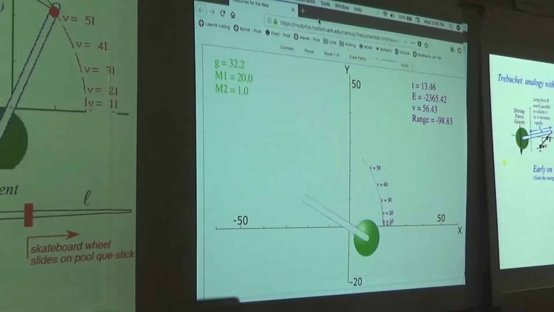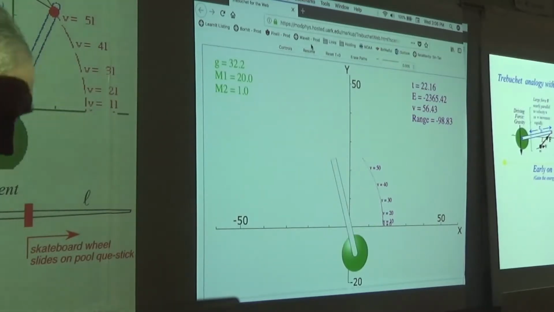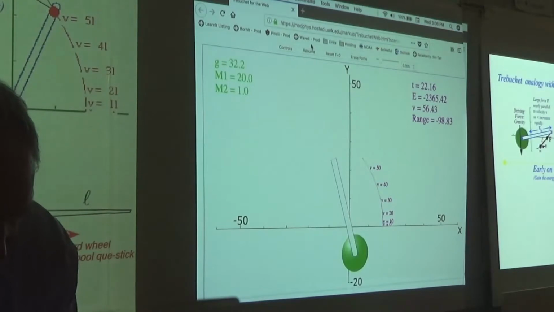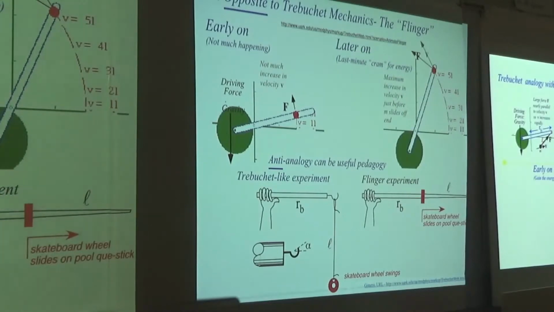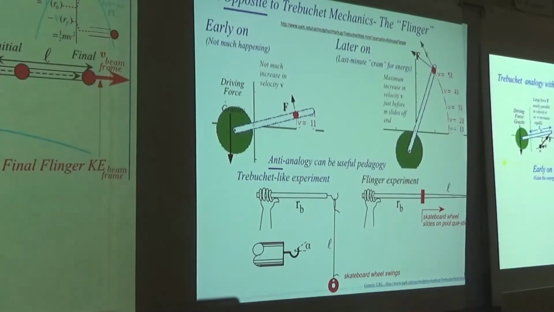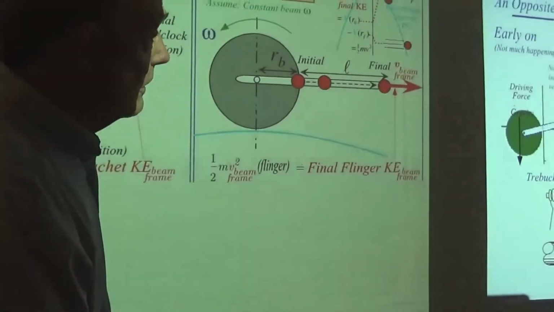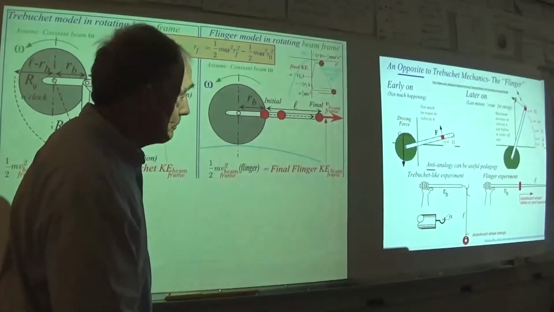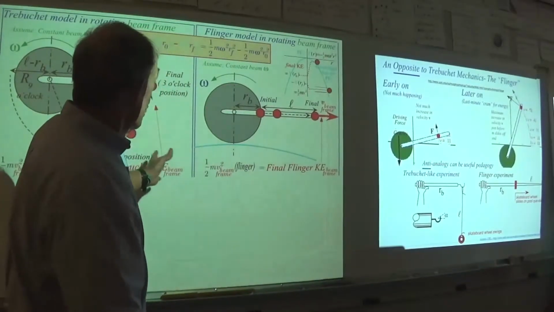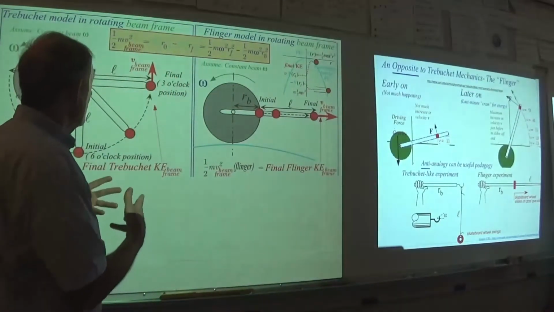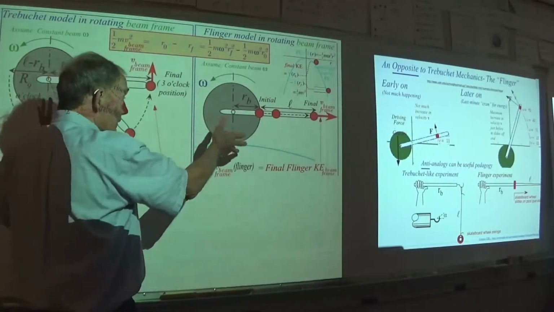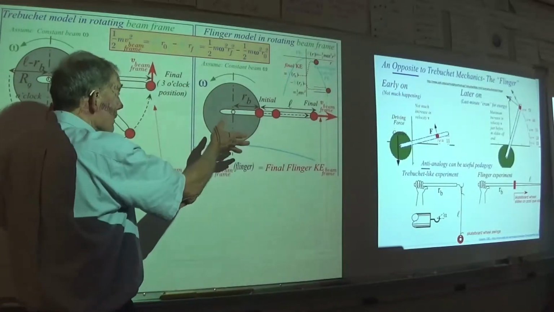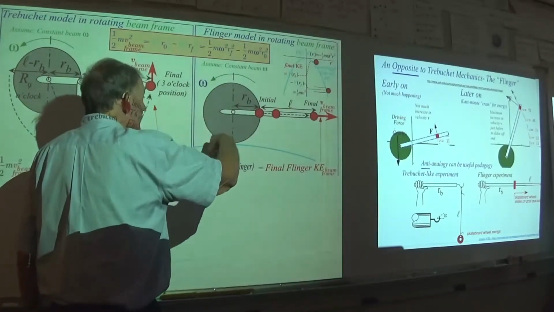Okay, so let's go ahead and pause that, and I will go back to the lecture and go forward with this. Here's the basic algebra of what's going on here. The trebuchet and the pseudo-trebuchet are sitting here, and both of these are like the Chinese thing that we were talking about, given a constant angular momentum.